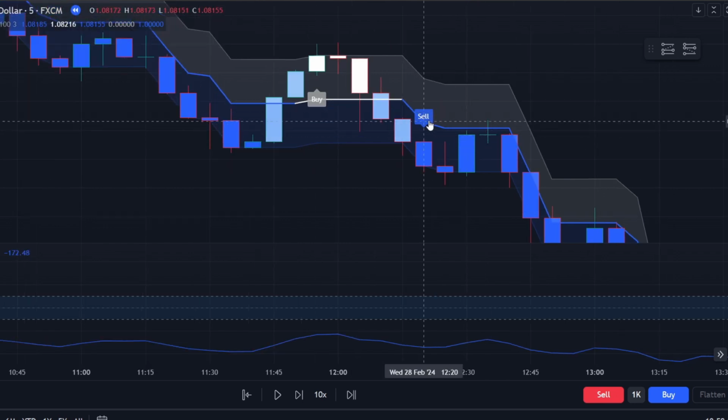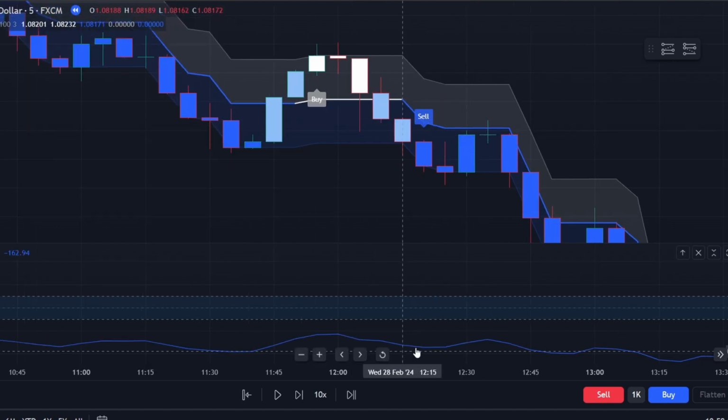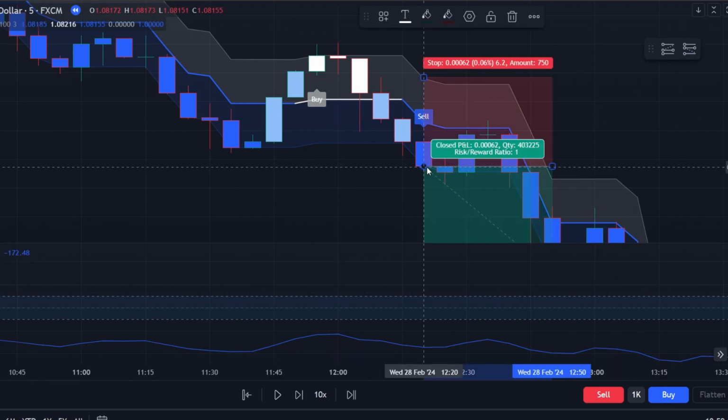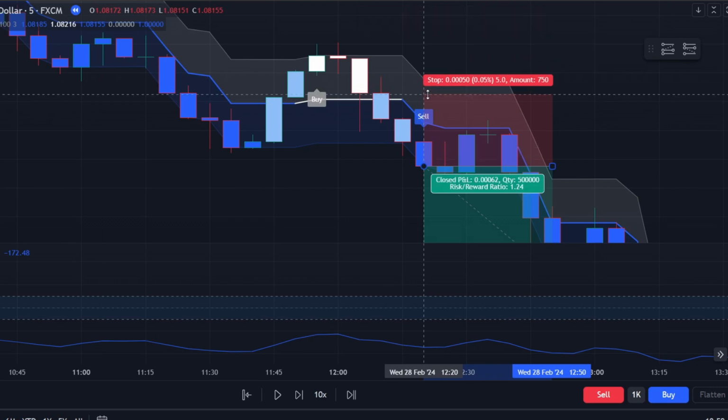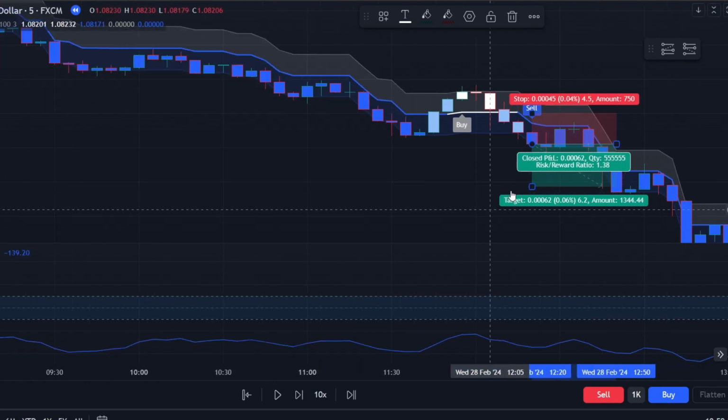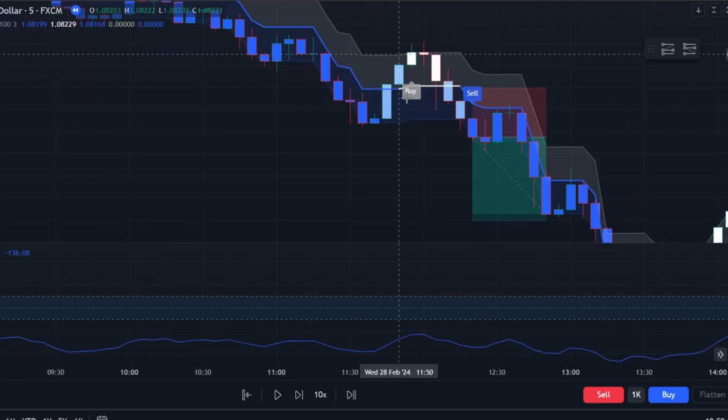The first indicator gives a sell signal, and the second indicator confirms this signal. I take a short position and put the stop above this middle line, this blue middle line, and make the risk reward ratio at least 1 to 1.5. As you see, we rejected this false buy signal and didn't get stopped for this reason.